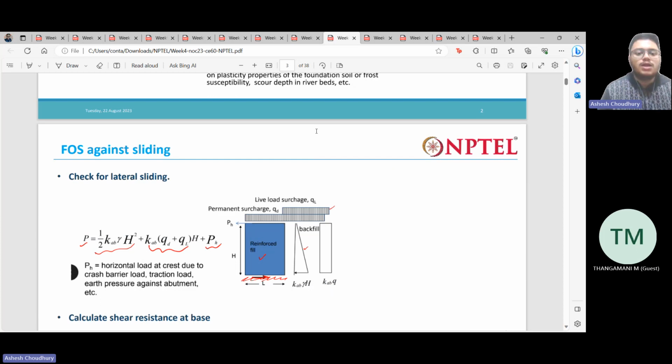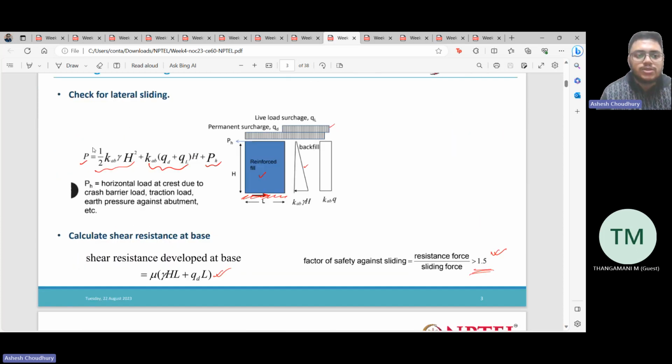Okay, to check for the lateral sliding, we use this expression and then we determine the factor of safety. The factor of safety should always be greater than 1. So how do we get this factor of safety against sliding? It is given by resistance force divided by sliding force. From where does this resistance force come? The resistance force actually comes from the frictional resistance developed at the base of this reinforced fill.